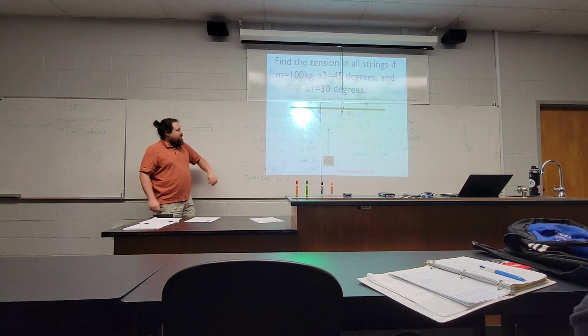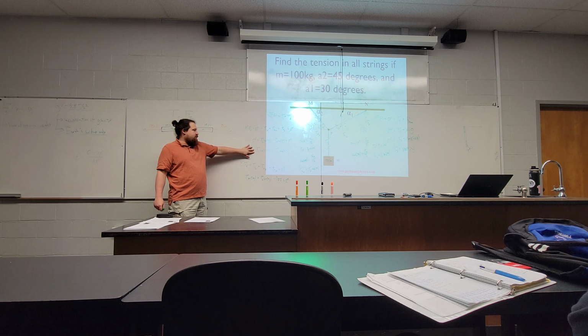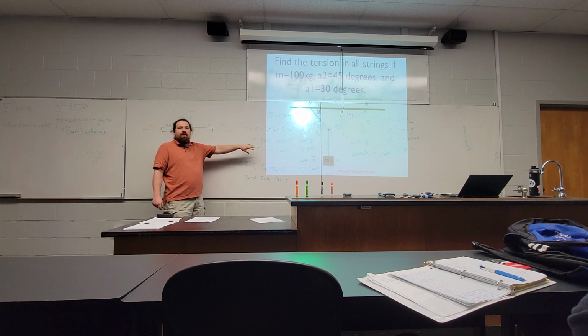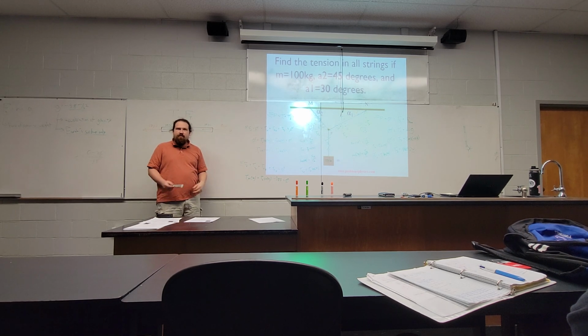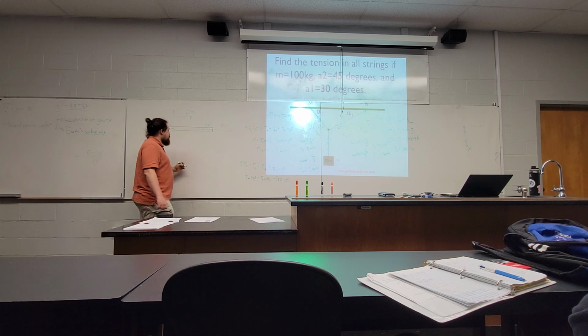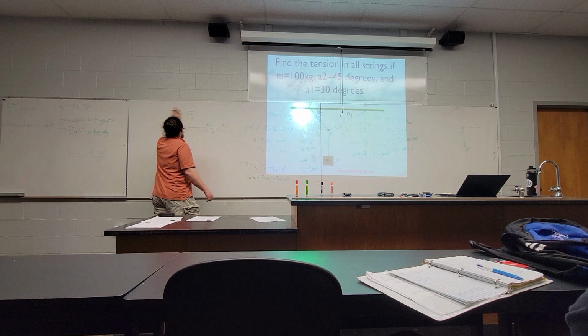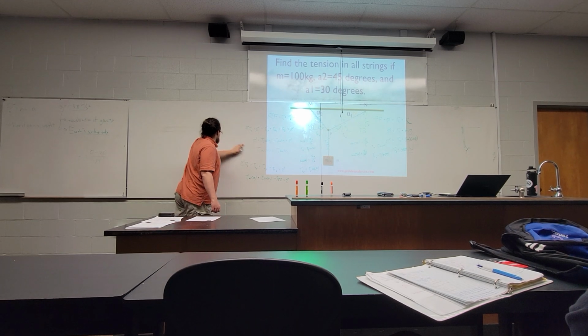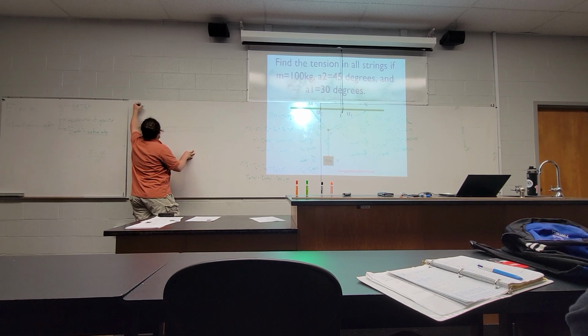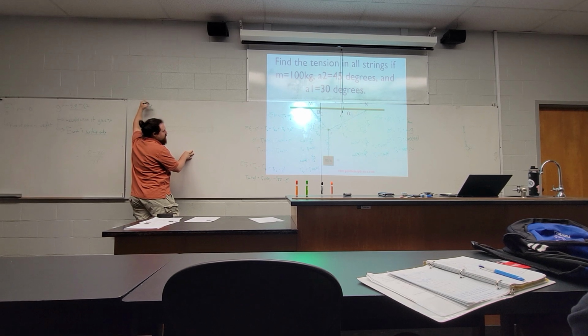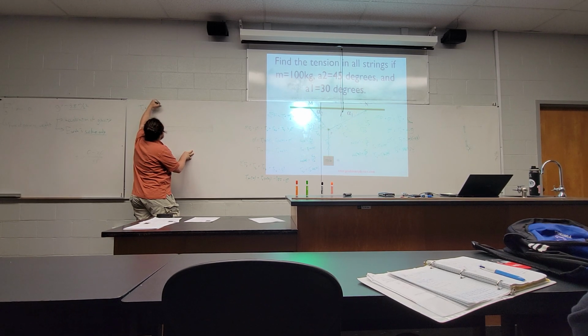So what I'm going to recommend we do is take this equation and just solve it, like rearrange it for either T1 or T2 very quickly. So I'm going to erase this whole thing. T1 equals T2 cos of 45 over cosine of 30.